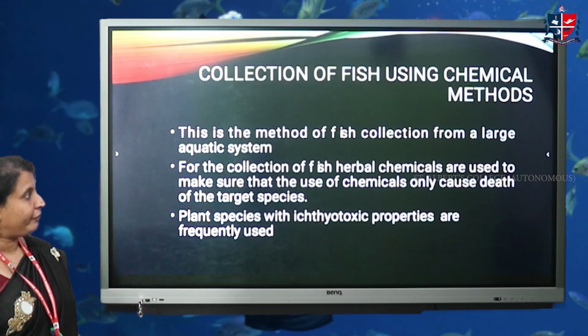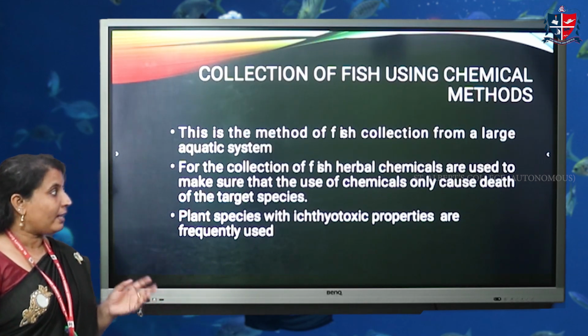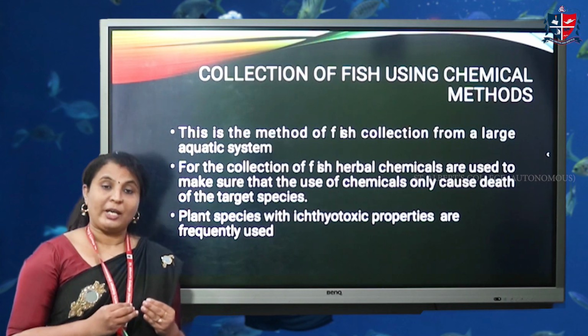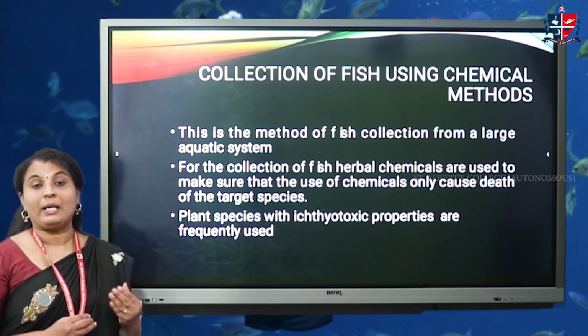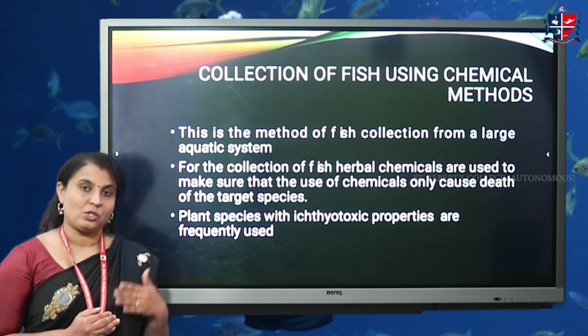For the collection of the fish, herbal chemicals are used, and before using them, we should make sure that the chemicals cause death of only the target species and not any other species. This is the main advantage as well as disadvantage of this process.